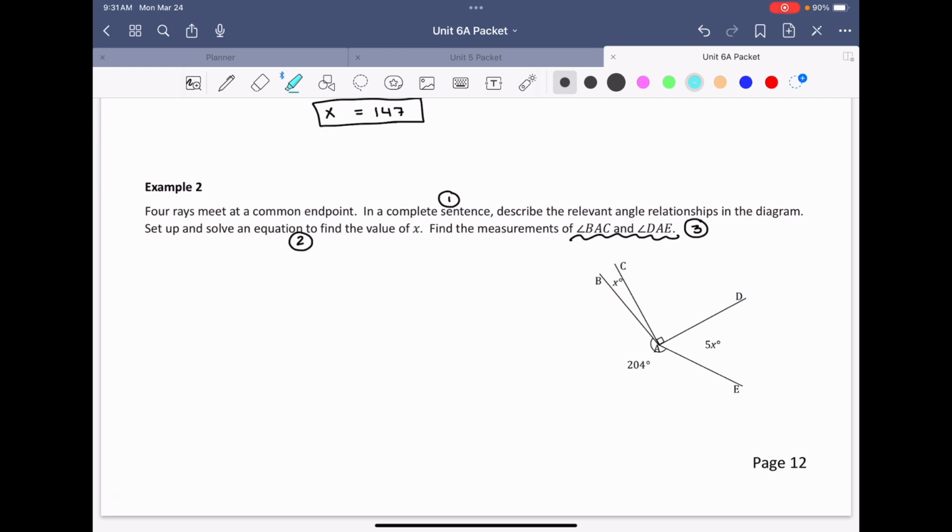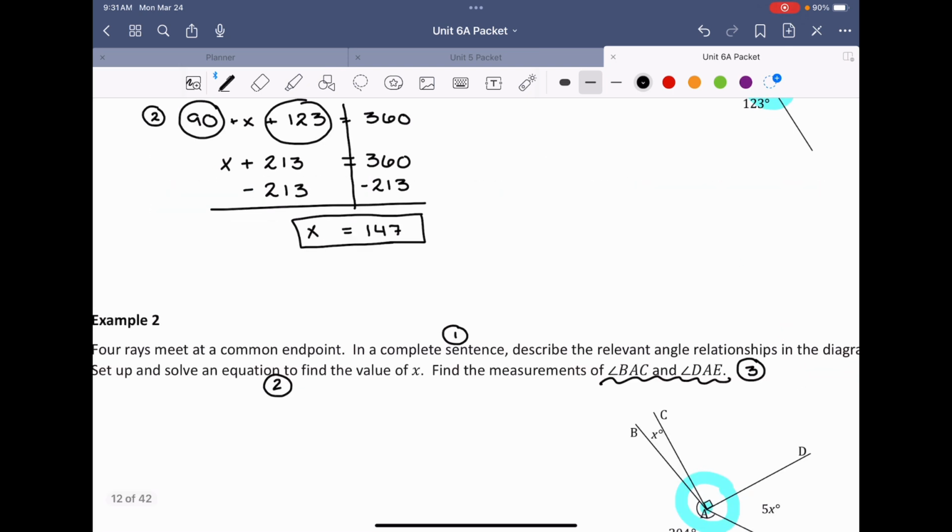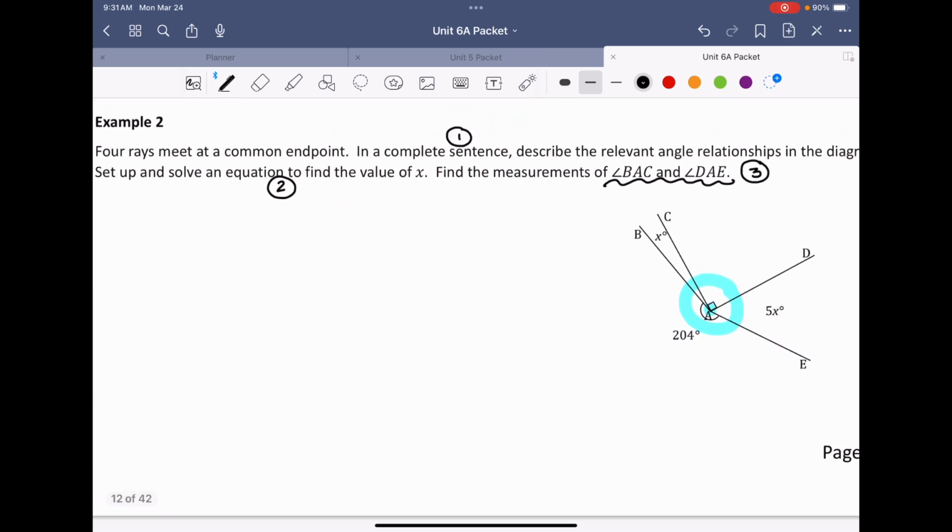We have angles around a point. So all of those angles should be added to equal 360 degrees. Since I have points here, I'm going to name all of my angles by the points. So in my sentence, I'm just going to go in a circle.